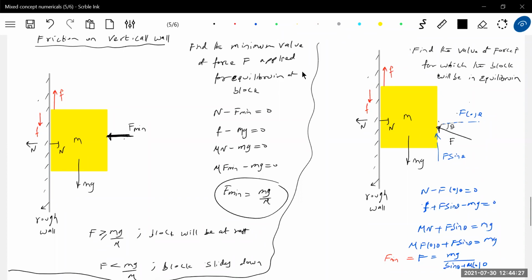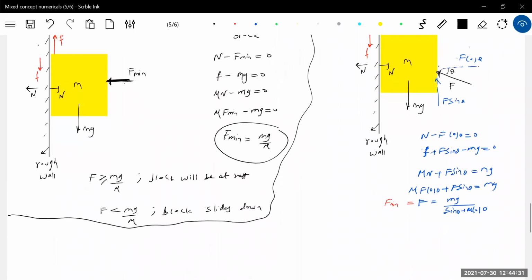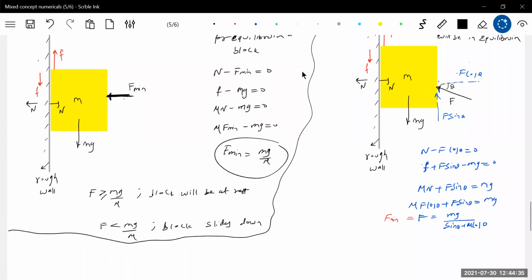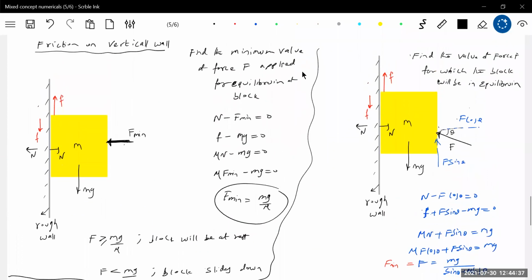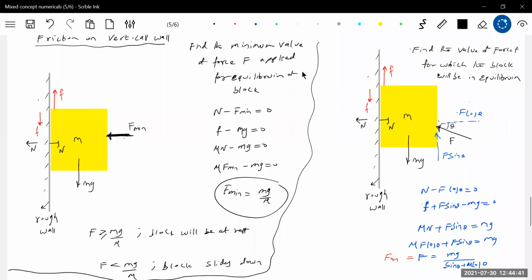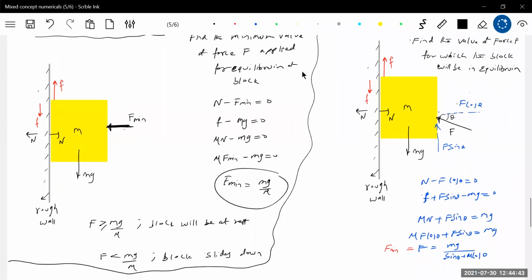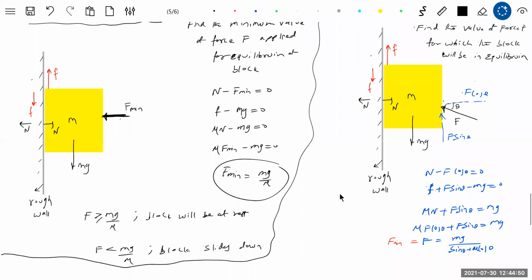We'll go for F max here now. When the applied force is F max, the conditions here will be... Okay, some of you are making observations. I'll take the next condition, F max.